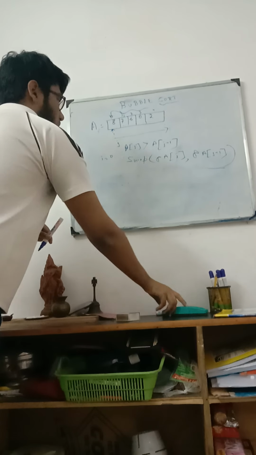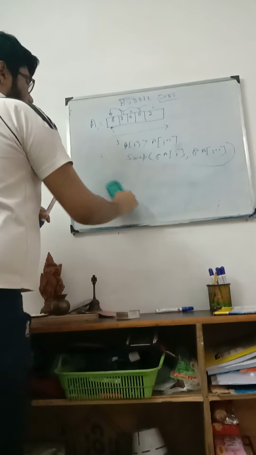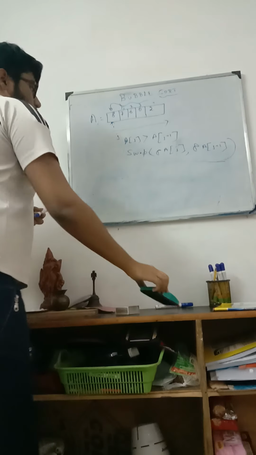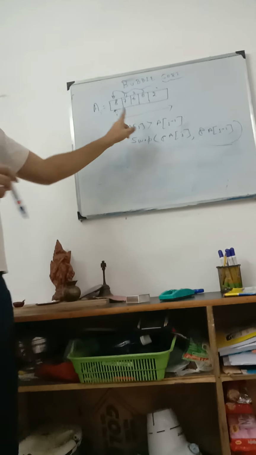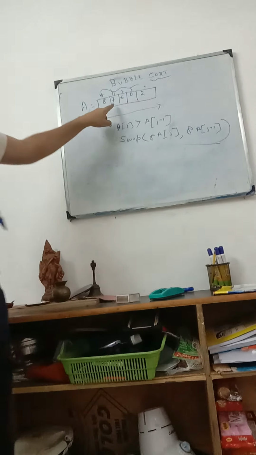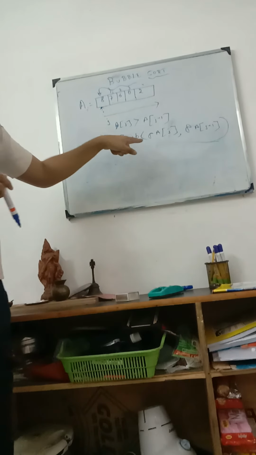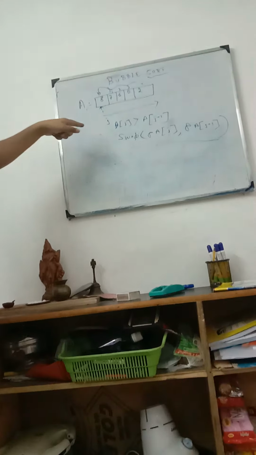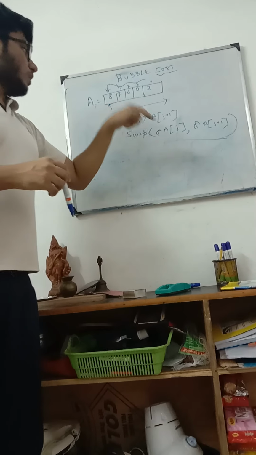This is the basic concept of bubble sort: if this element is greater than the next one, then it will swap. This is the method for ascending order.